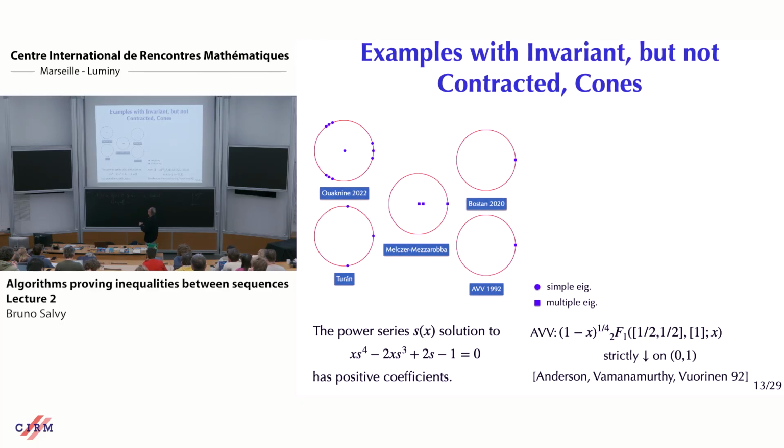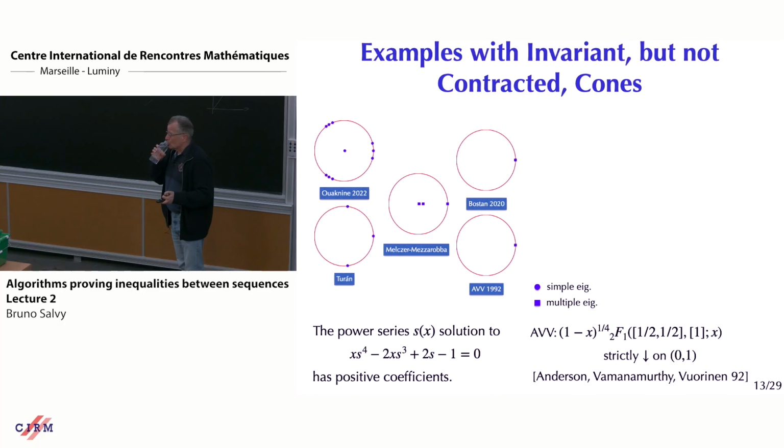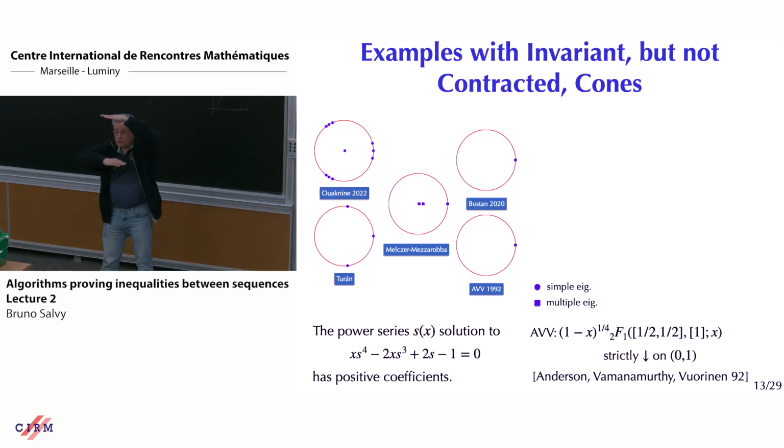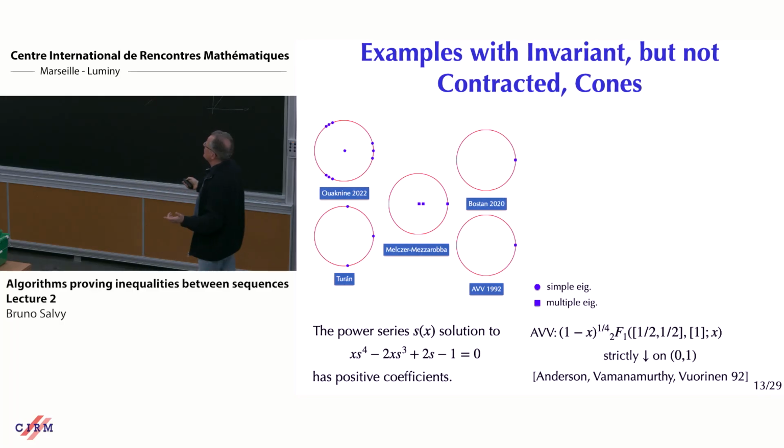So the first one, top left, is the sequence by Waknin that behaves like 65 to the n times oscillations between 0 and 1, and nobody knows how to prove that it's positive, so I'm not going to prove it.